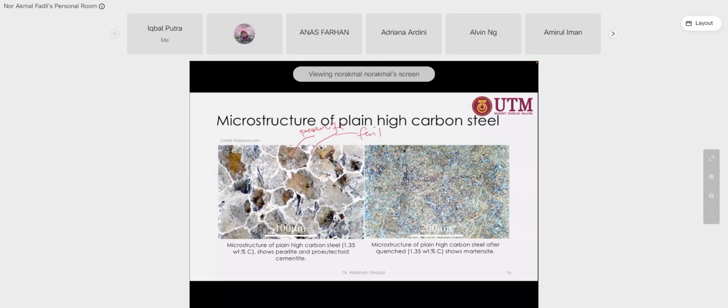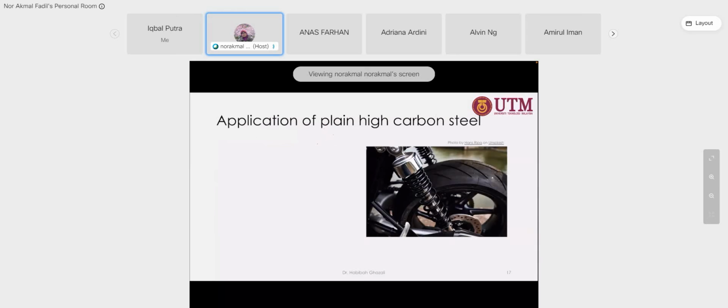This is ferrite, and this is cementite. With 1.3% carbon, you can see there is a huge portion of pearlite, because the carbon is high. And if you quench, you can see a very fine structure of martensite after quenching. So it contains a huge portion of fine martensite structure.